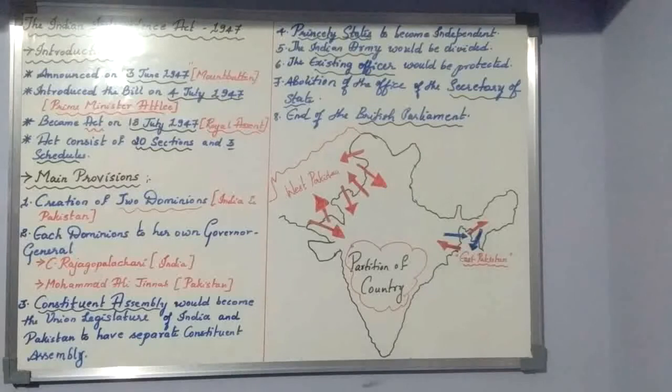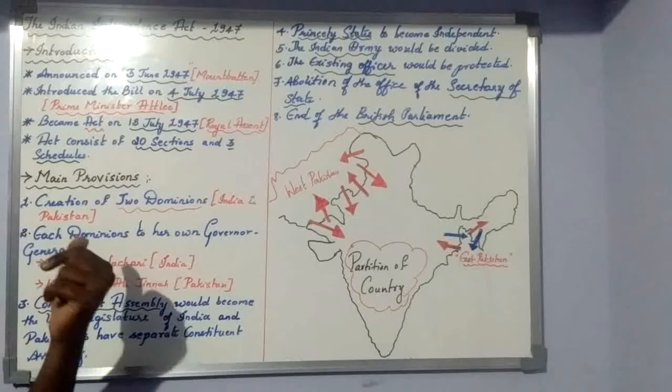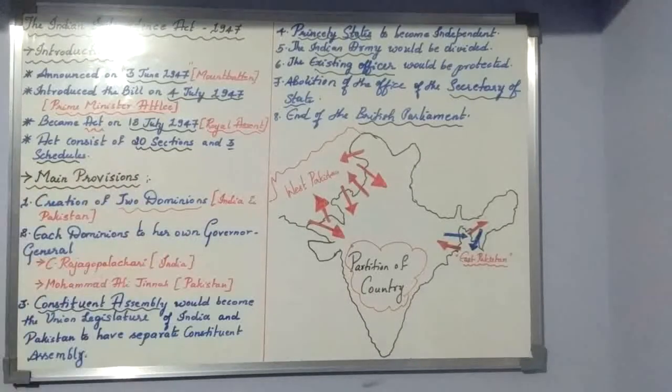All these provinces will be joined together and form a country called Pakistan. That was the creation of two domains. That's how the power will be transferred to India. That's the first provision the Indian Independence Act makes.